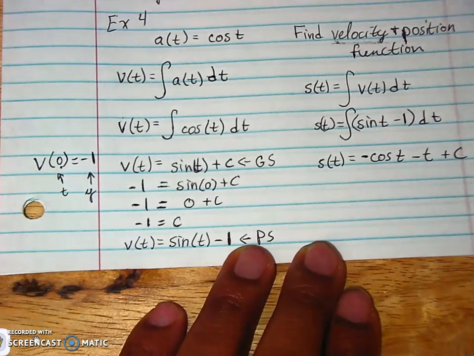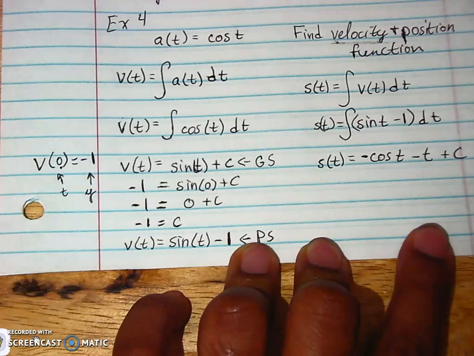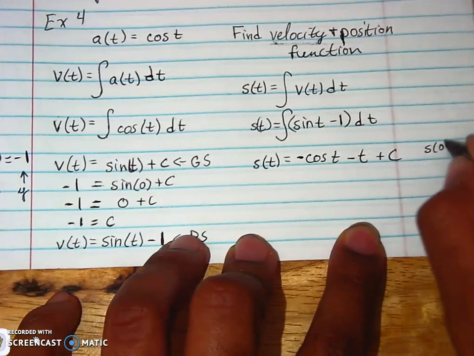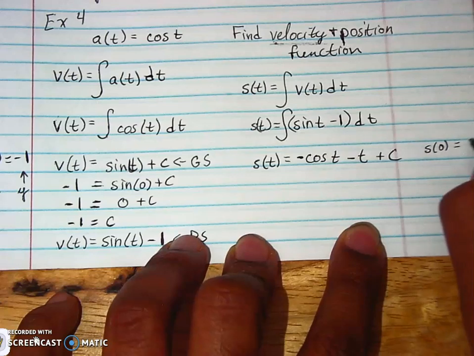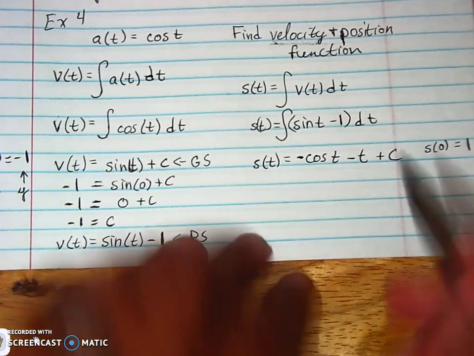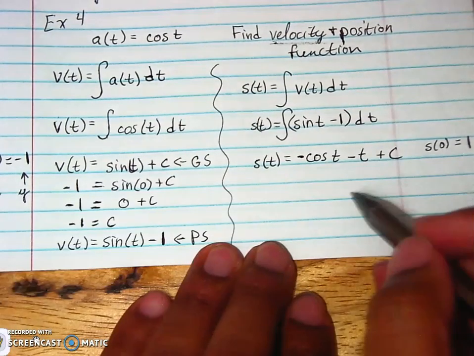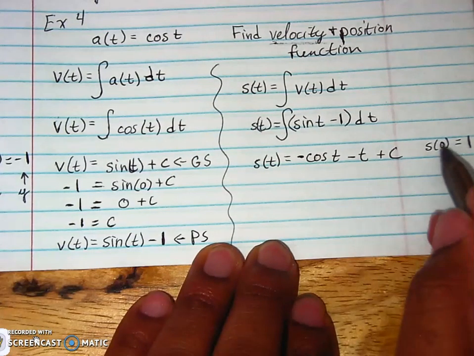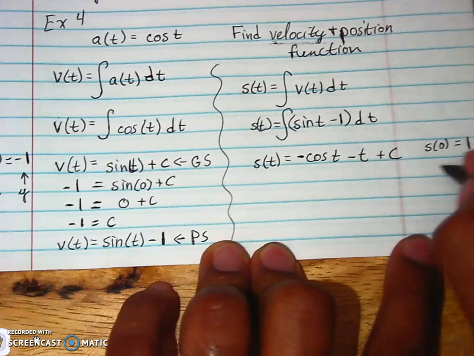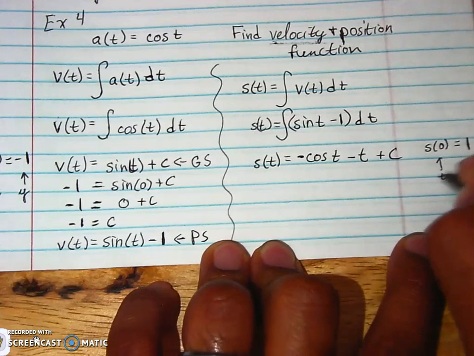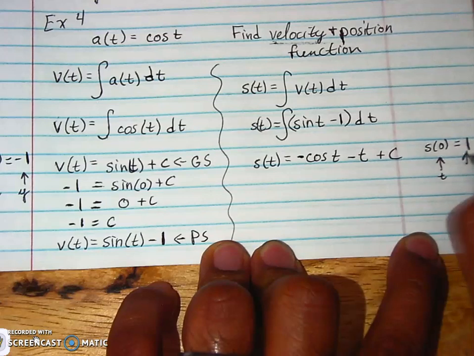And then again, they give you the initial value: s of 0 equals 1. So that's your t, and this is your y.